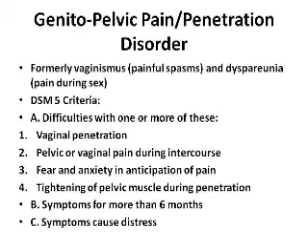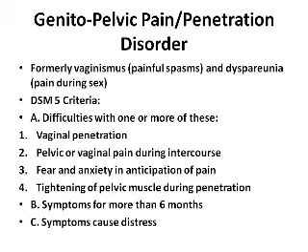So if during sex you have difficulties in getting the penis inside the vagina because it may hurt or for other reasons, then that's one of the symptoms for criterion A. Number 2, pelvic or vaginal pain during intercourse.